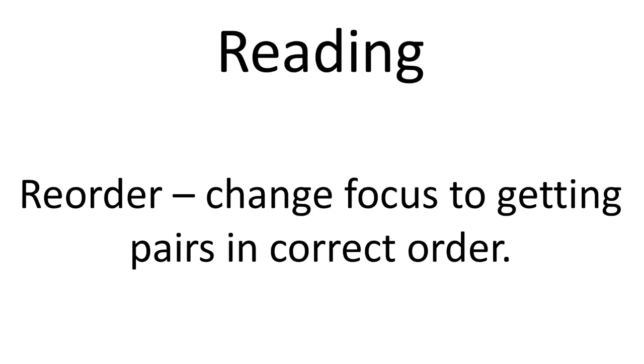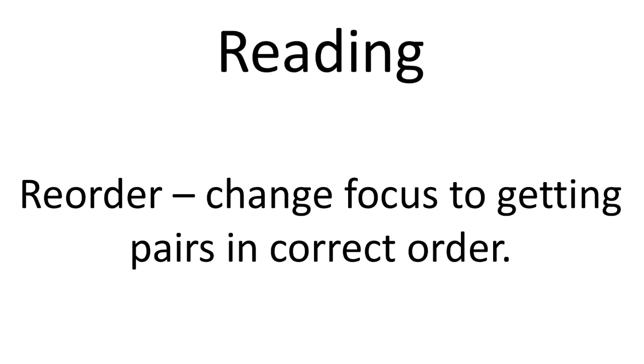What is the one thing that you should do in reading? In this, focus on the reorder paragraph questions. And in that, instead of getting all the sentences in the right order, you should change your focus and try to get pairs in correct order. You might already know that in reorder paragraph, you don't get marks for putting individual sentences in the right order.